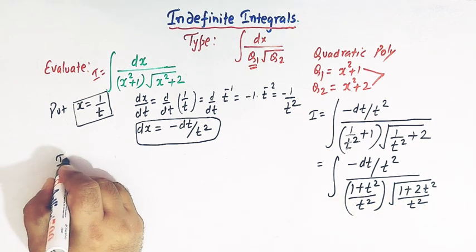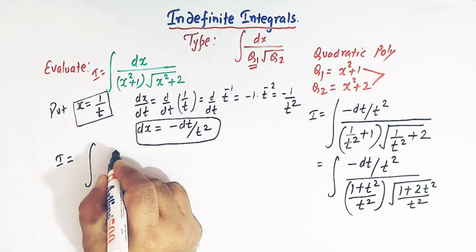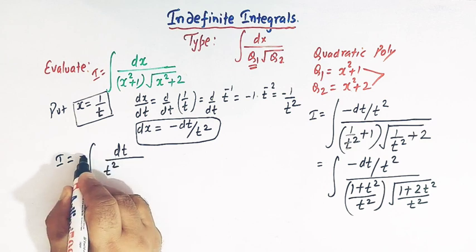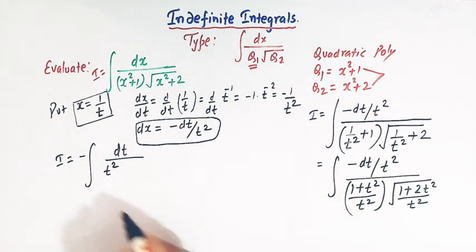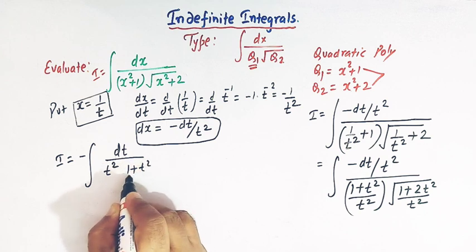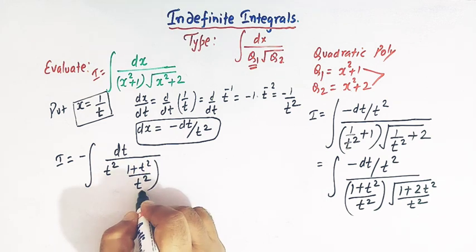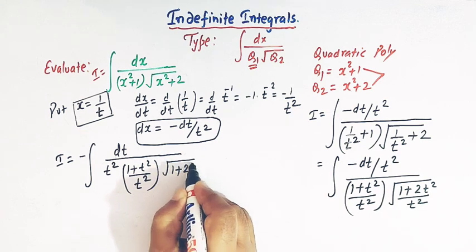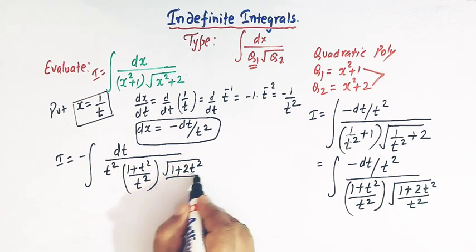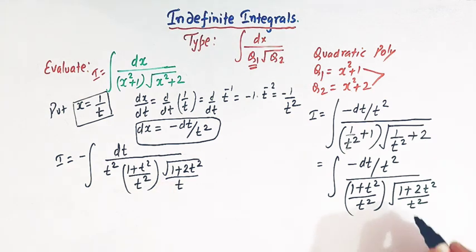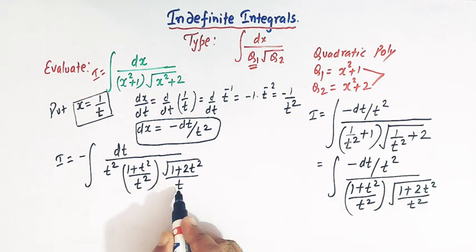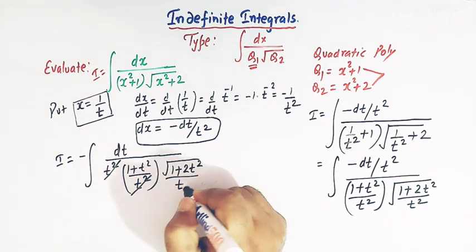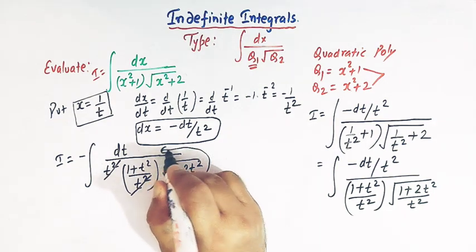So now I can be written as the integral of minus dt over t square, and here we have 1 plus t square over t square, and here we have square root of 1 plus 2t square divided by t, because the square root of t square is t. Now this t square and this t square get cancelled, and we can take this t to the numerator.